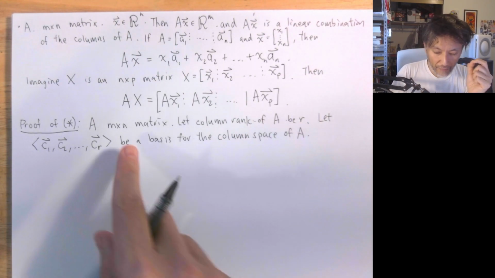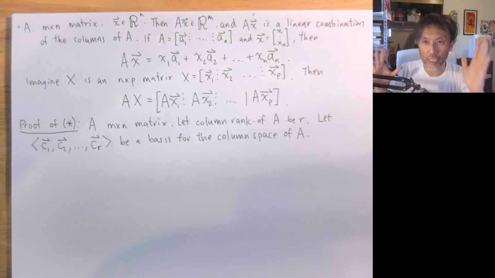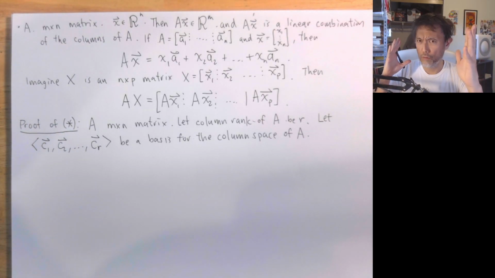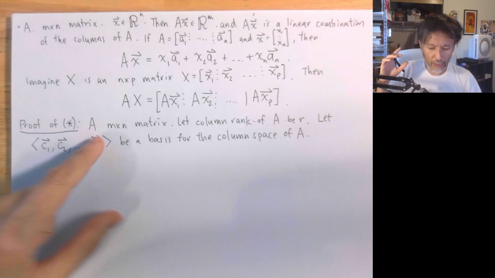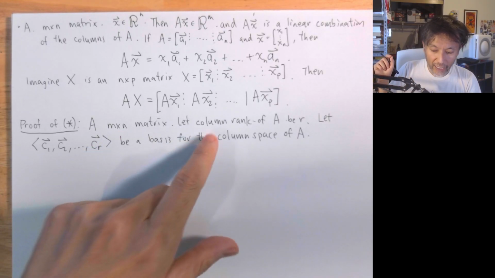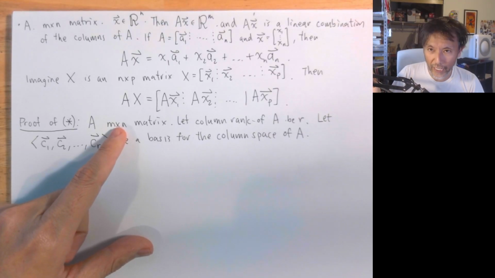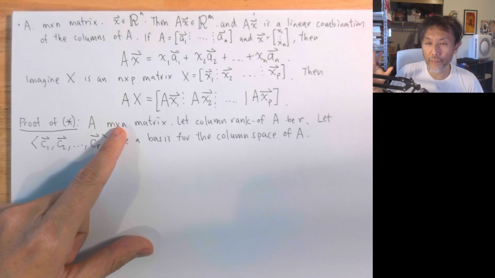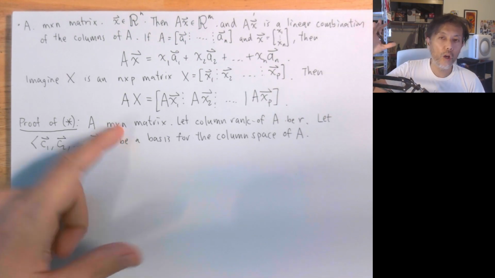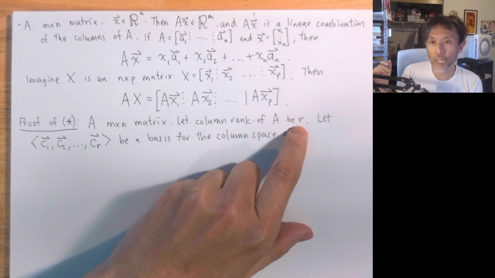Remember, r doesn't have to be the number of columns. Let me rewind and say it again. Remember that the dimension of the column space, aka the column rank of A, is not necessarily equal to the number of columns of A. That's because the columns of A can have redundancies in them, which shrink the dimension down from n to some possibly smaller number r.